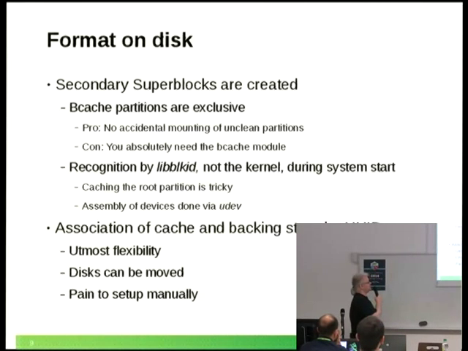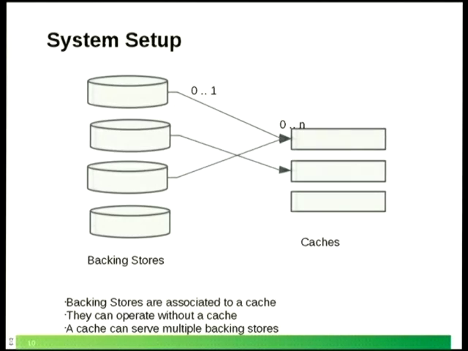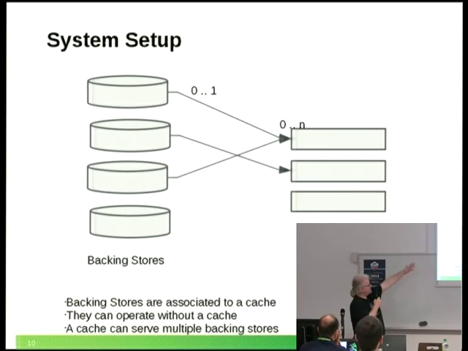So, on disk, imagine you have your disk, then you have partitions on it, I hope, and on your SSD likewise. I've made a nice graphic to show that. So on your left, you have the backing store partitions, and on the right, the SSD partitions for caching.